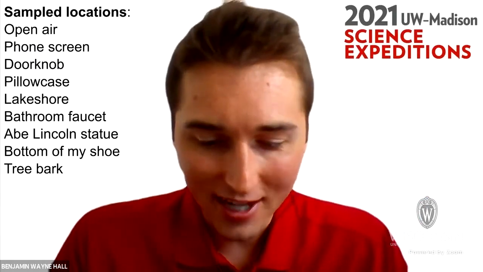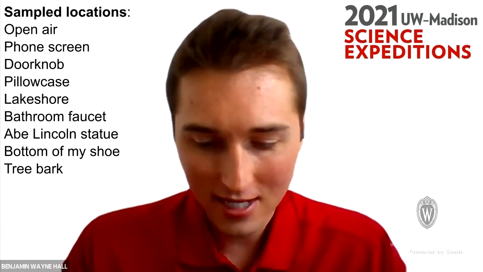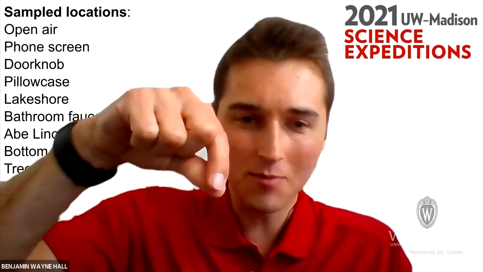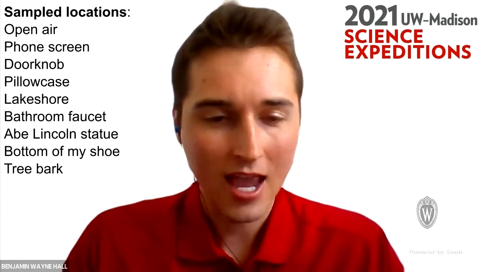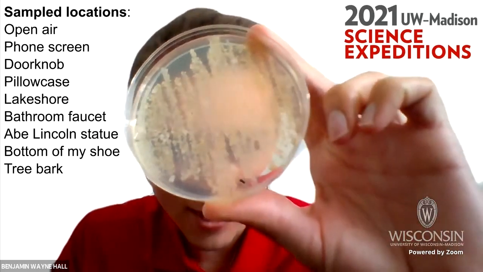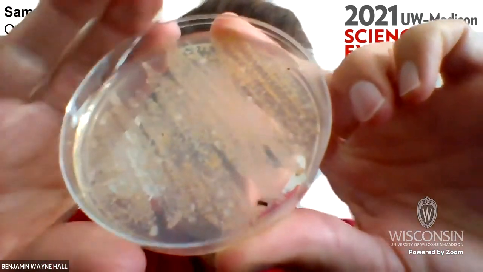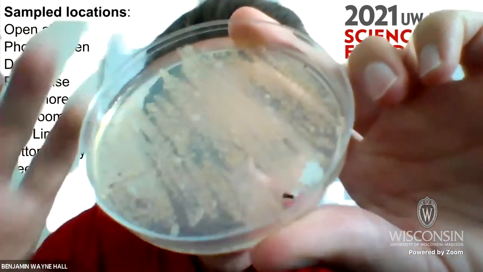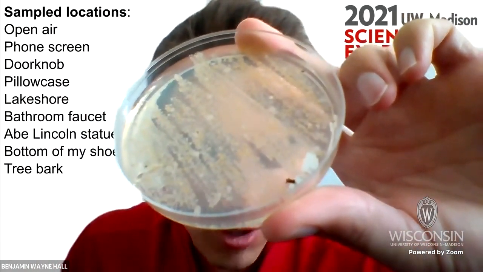And last but certainly not least, we have the lakeshore. So for this sample, I took a Q-tip and basically stuck it in the mud near the lakeshore of Lake Mendota, and then plated this. And wow, were there a lot of bacteria in this sample. So here we can see not only are there lots and lots of bacteria, but they're also all different kinds.